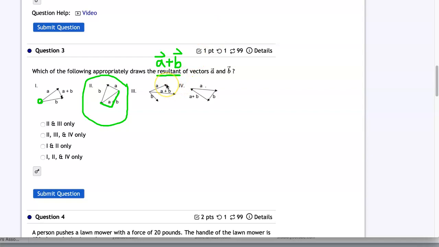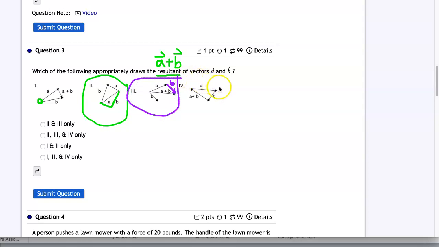If we draw another copy of B right on the end of A, this would be the same as B because it has the same direction and the same magnitude. Now we have a head to tail connection of vector A and vector B, and then the resultant vector is the diagonal of the resulting parallelogram. So this one is good as well.